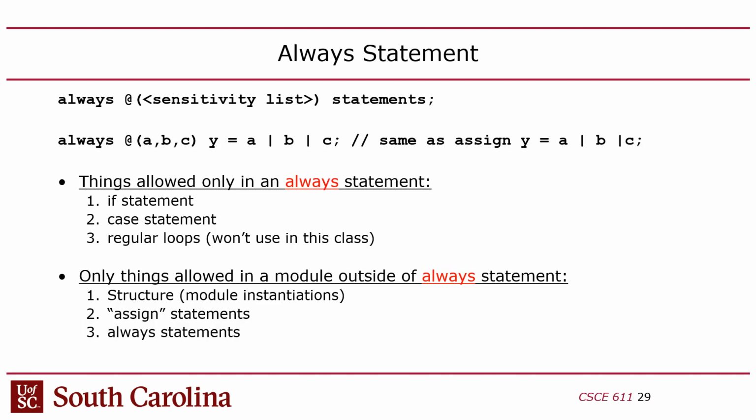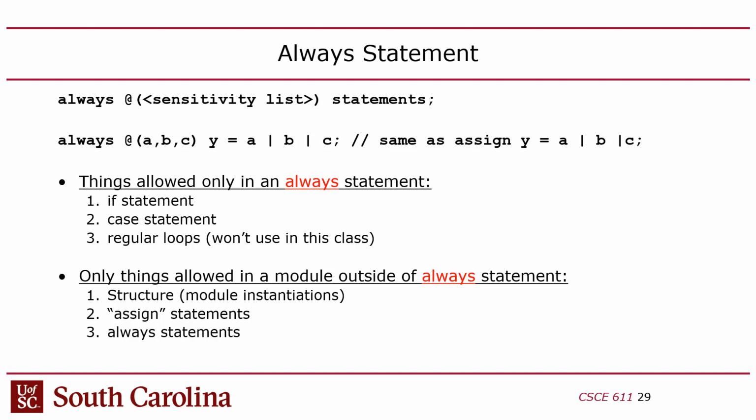Okay, so this is where I think we ended up last time, the always statement. This is the last major piece that you need to know about SystemVerilog. The always statement is technically one statement, with one semicolon at the end, but you can embed a begin and end block in here, a basic block, in which case it can include multiple statements.